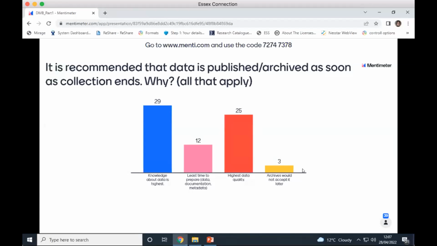So it might be that the software that has been used has changed in time, or the data has been mislocated, or we don't remember where we placed it. So really the data should be published as soon as the collection ends. Archives would not accept it was the only answer that was not appropriate here.